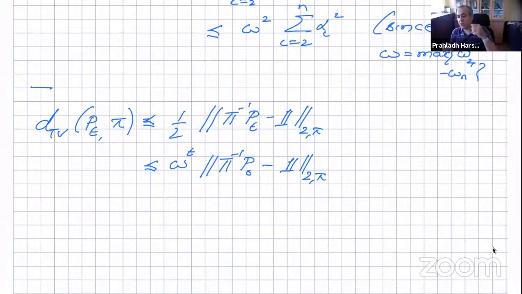So this quantity is at most 1 over square root of the minimum of pi v. That's some constant depending on the stationary distribution, the worst possible initial L2 separation between P0 and pi, and that factor keeps reducing by a factor of omega with each step of the walk.